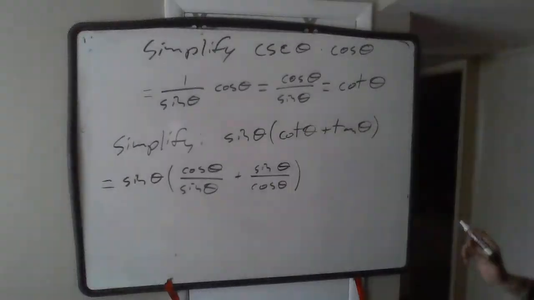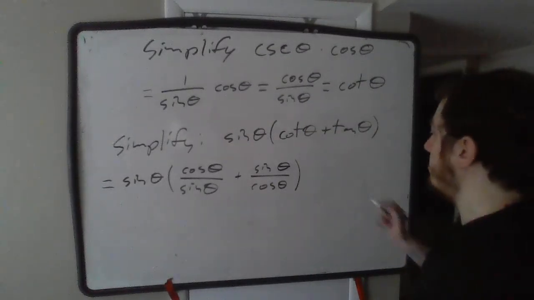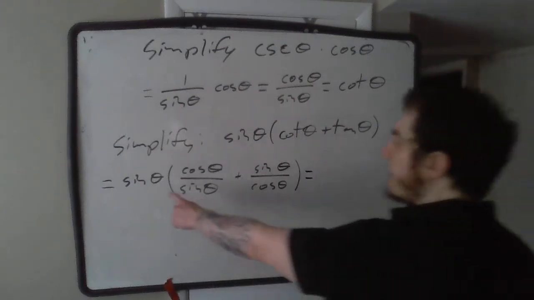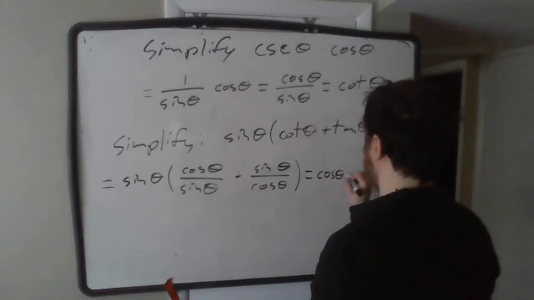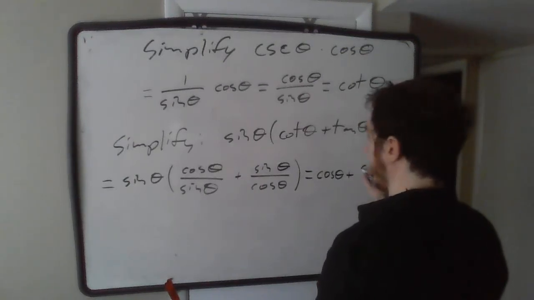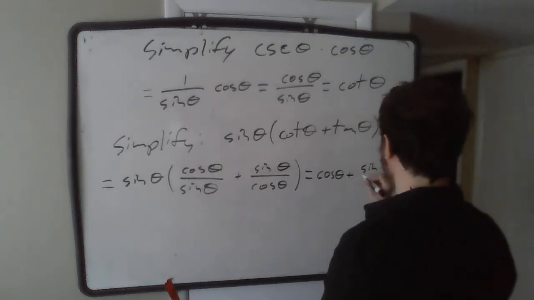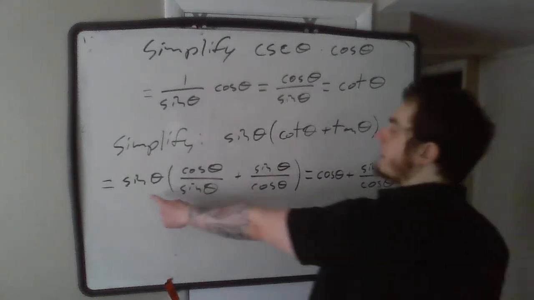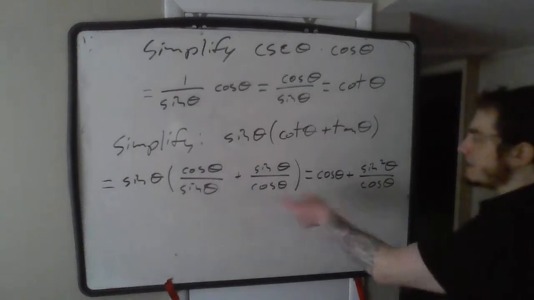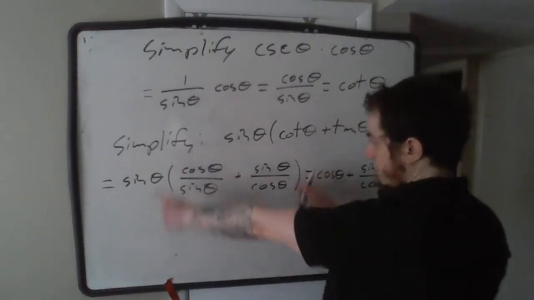So let's see what we can do here to simplify this. If I multiply through here, this becomes cosine theta plus sine squared theta divided by cosine theta. Okay, so all I've done here is I distributed the sine theta through these parentheses.